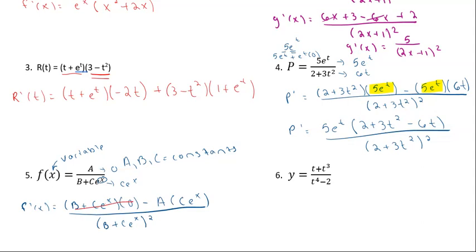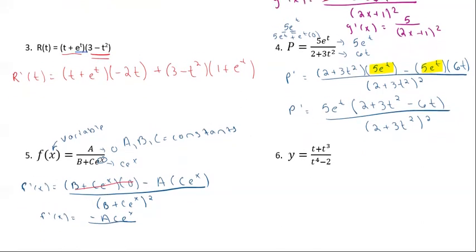So that looks like we'll be left with f prime of x equals negative ac e to the x over, and then we'll still have our denominator squared. And that'll be finished. Let's try the next one.